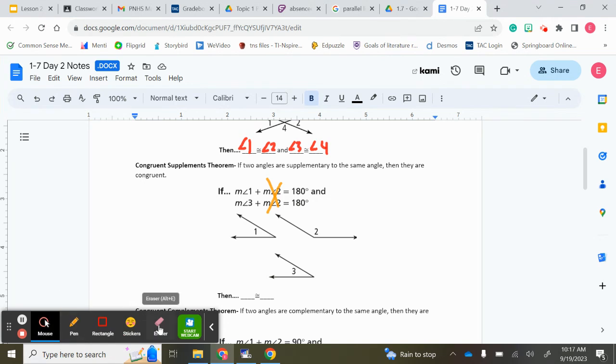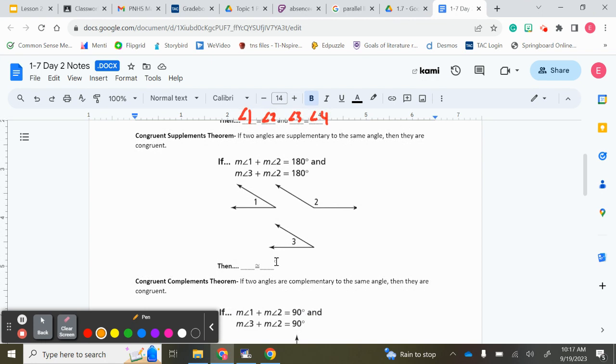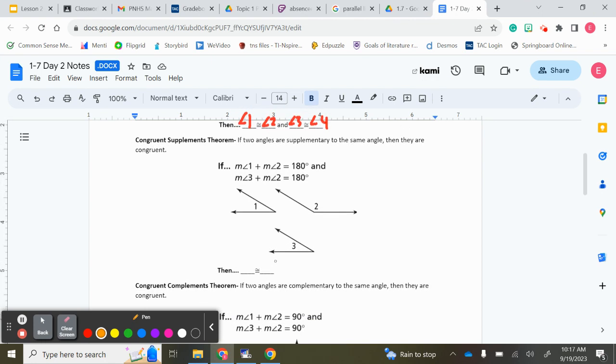Let me erase that because we got to leave that alone. So we would state here, then angle 1 would be congruent to angle 3. And when you're talking about congruent supplements, you're talking about the thing that equals 180, supplementary.